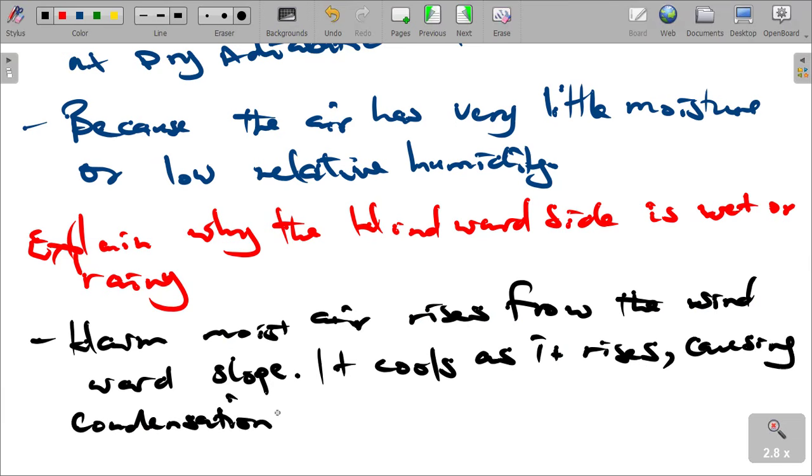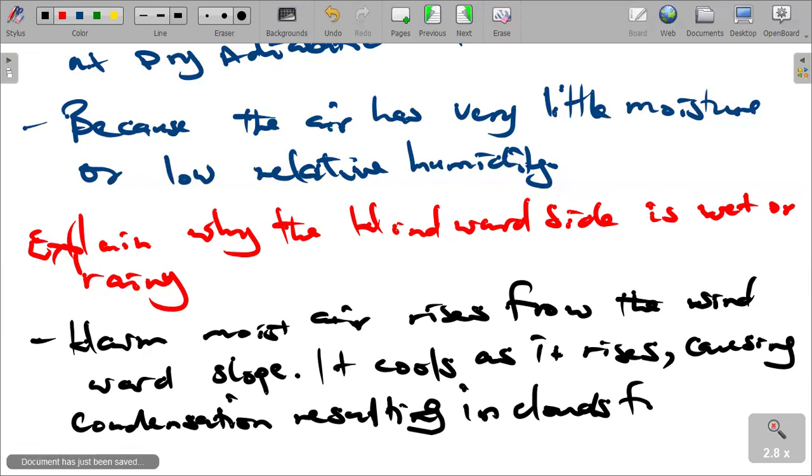I'm sure you remember condensation results in cloud formation.